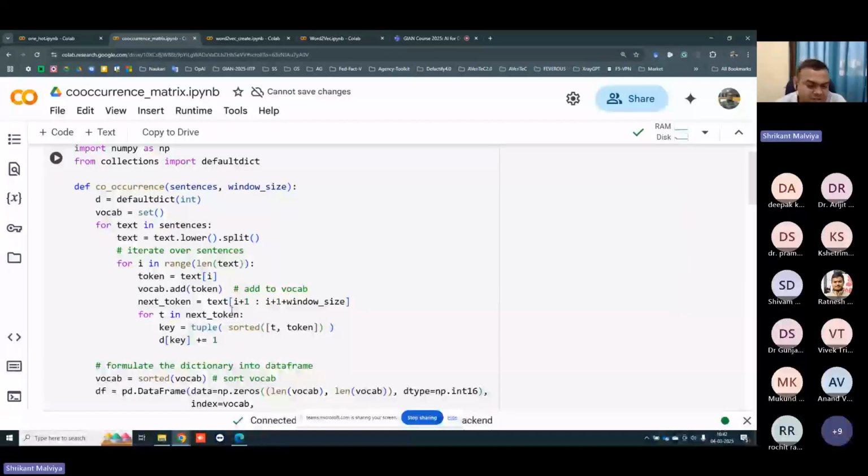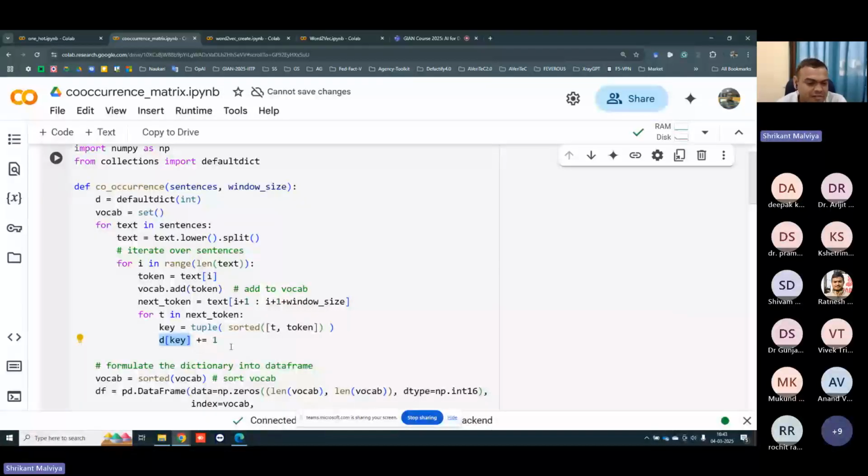After counting the pairs, it will fill this dictionary value. So if a pair like I like comes at 3 places in the sentences, ultimately the count for the pair I and like would be 3 after processing all the sentences.